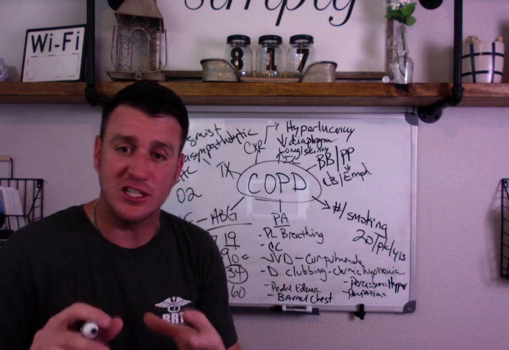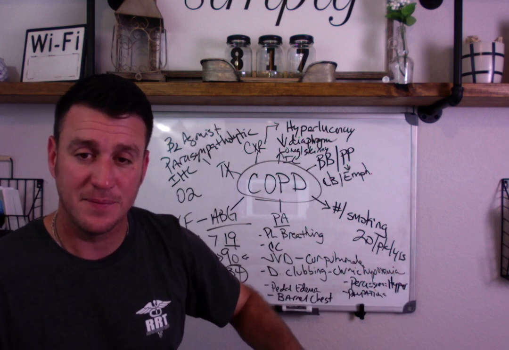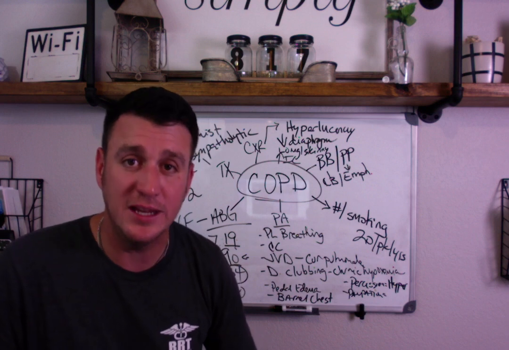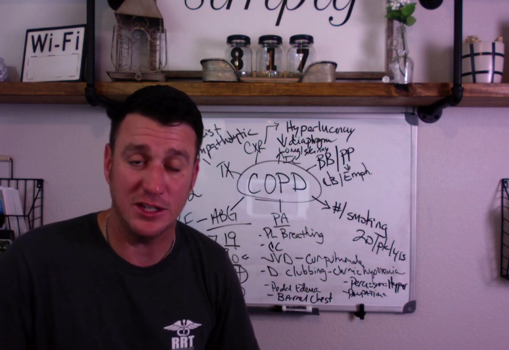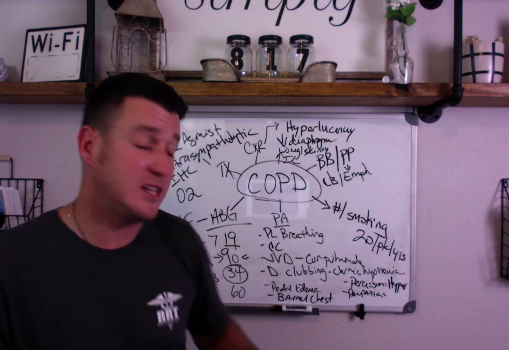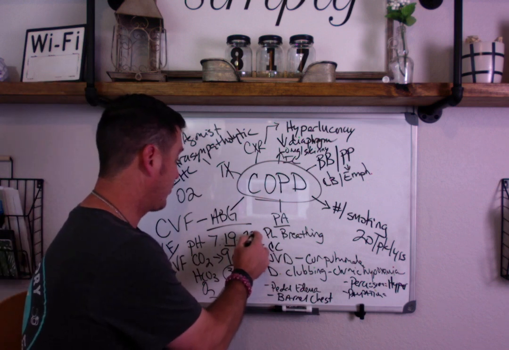So when you're taking care of COPDers and you understand this entire process, the biggest thing you need to understand is you do not treat CO2. You treat pH. You put this person on a ventilator and you blow their CO2 down until their pH comes back up to 7.35.